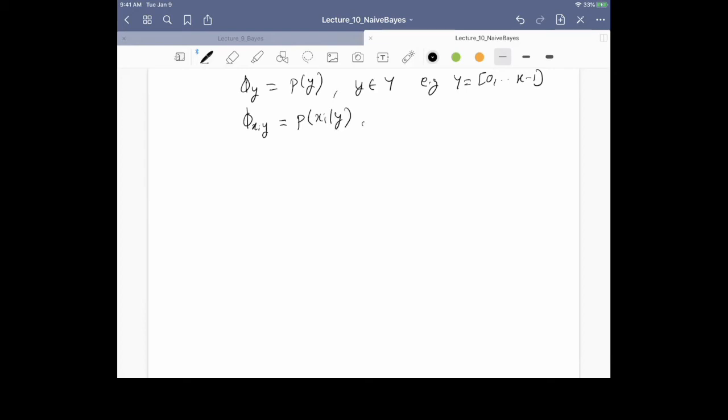So this means that for a given y in Y and for a given x_i in 0 to d minus 1, this quantity is the probability, essentially phi of x_i comma y. So these are going to be the parameters. This is going to be k parameters as I discussed last time, and this is going to be d multiplied by k multiplied by m parameters, okay?